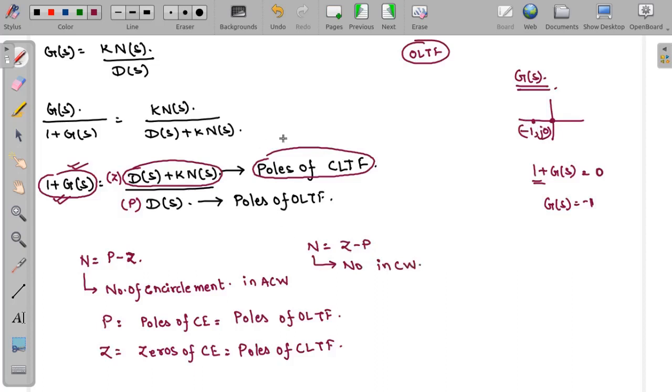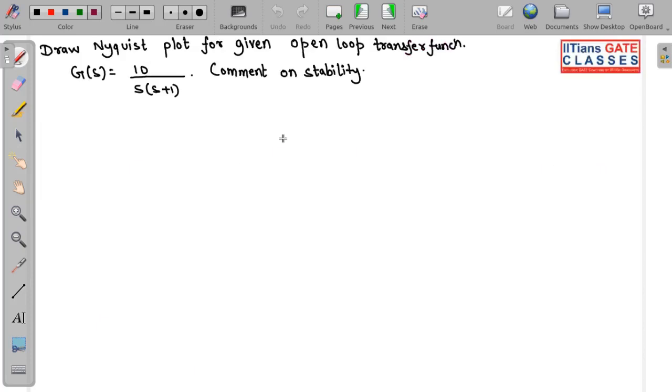Okay, so this was all about the concept of the Nyquist plot, and using this concept only we are going to solve the questions as well as all the theory questions that will be asked in your PSU kind of exam. So now look over here, I have taken the first question.